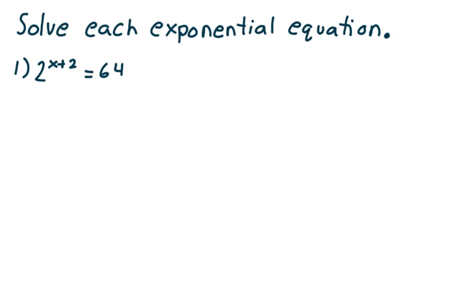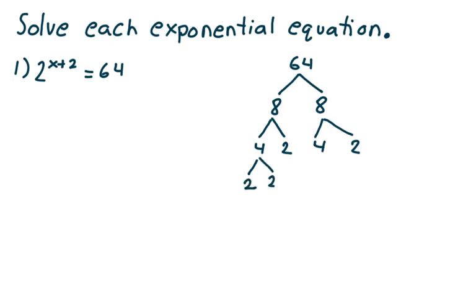Now, let's take a look at 64 and break it down. 64 is equal to 8 times 8. Notice how I'm using a factor tree. 8 can be broken down into 4 times 2, and then 4 can be broken down into 2 times 2.